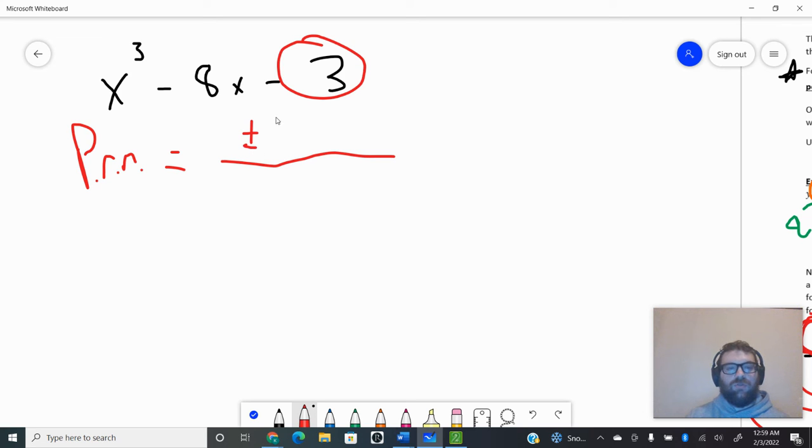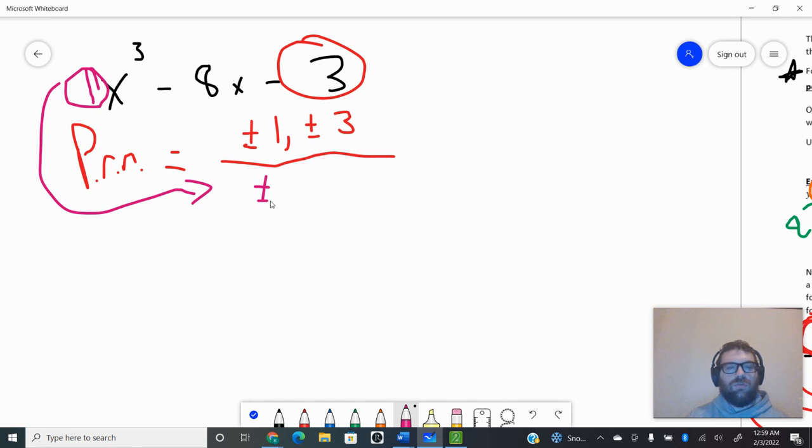So plus or minus 1 and plus or minus 3 over what are the factors of 1, just plus or minus 1. So we would have these numbers to test. And again, I've worked it out so I know what it is. So you would test 1, -1, 3, -3, right? And I've told you only one of those works.